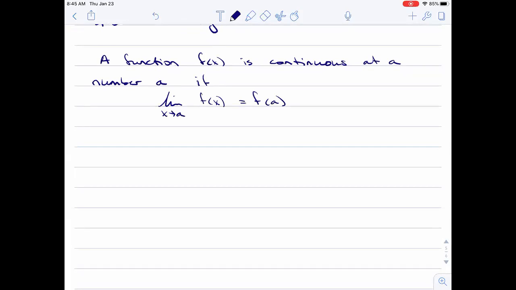So essentially, if we're able to just plug in a into our function and it gives us a limit that exists, then it's continuous, right? So we can argue it that way.